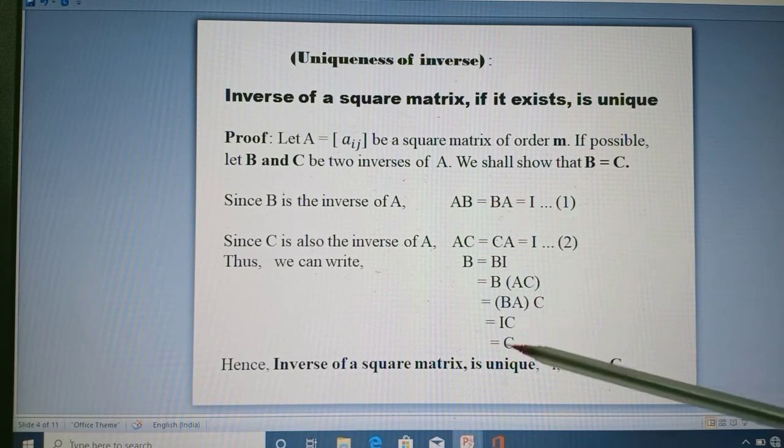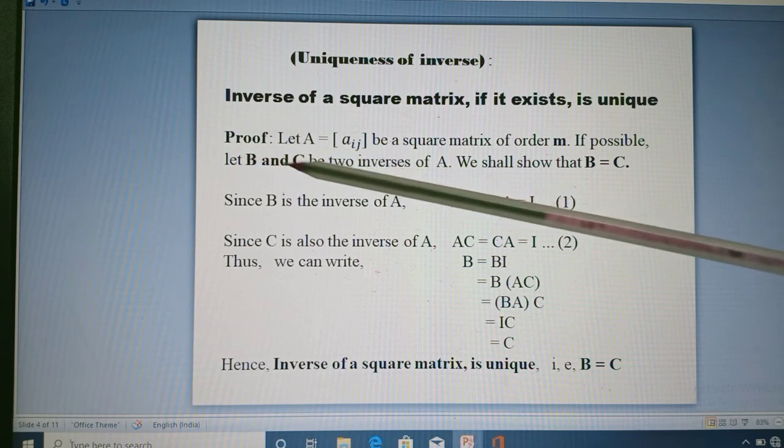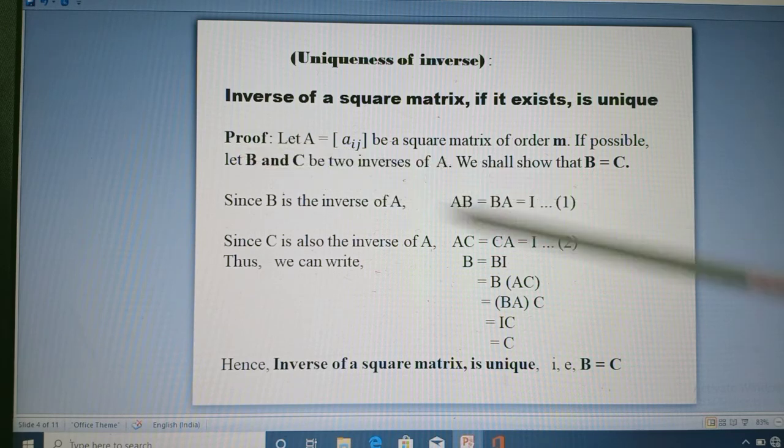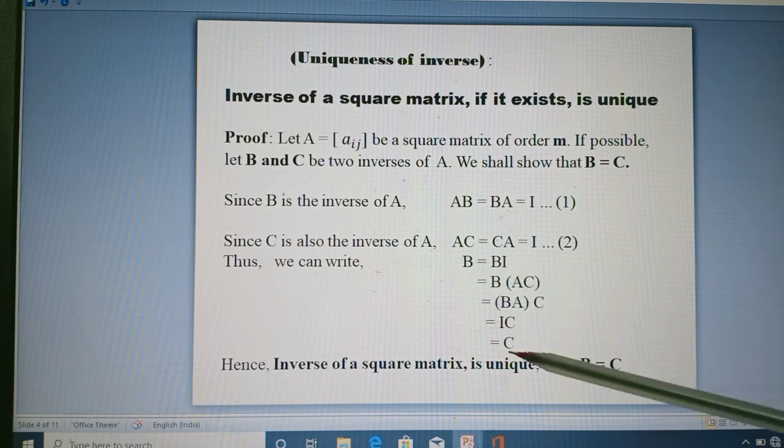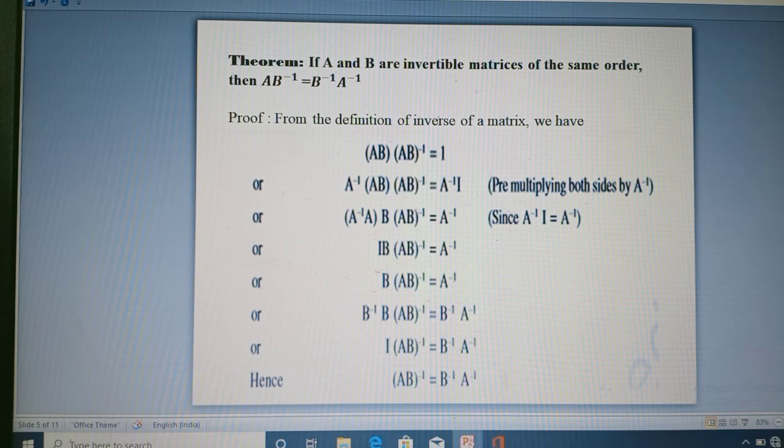So I times C is again C. So you can see that B equals C. We considered two inverses of A, and at last we got that the two inverses are the same, B equal to C. Hence you conclude that the inverse of a square matrix is unique. There is another very important theorem.